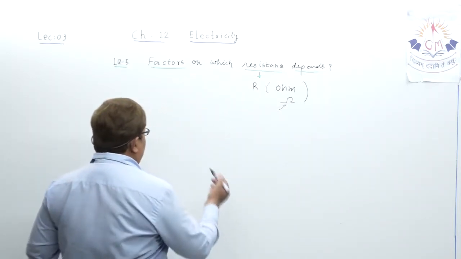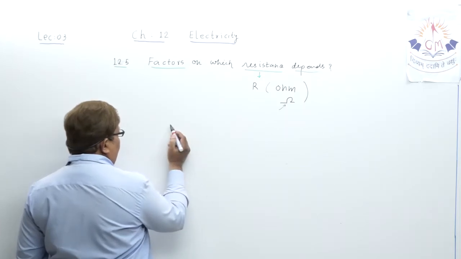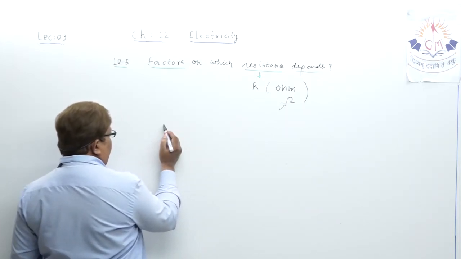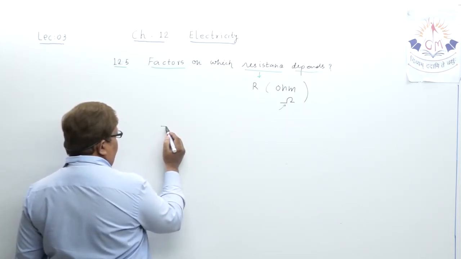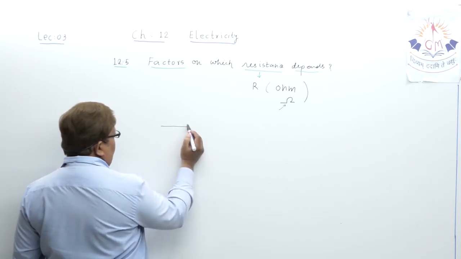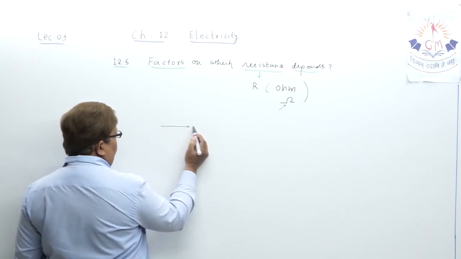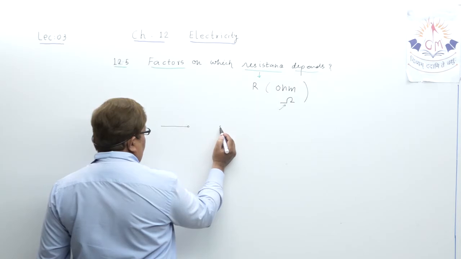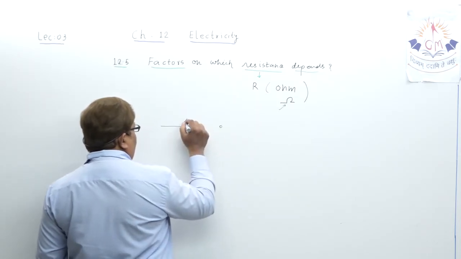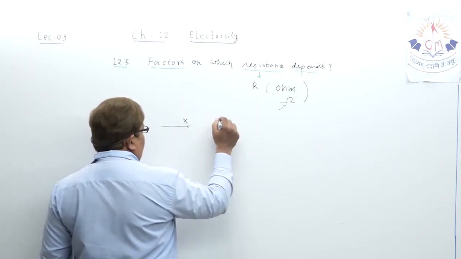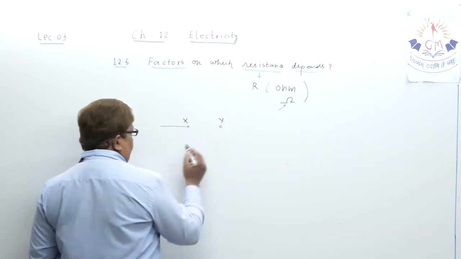Suppose, my dear student, I draw one circuit here. They have given it in the textbook, but you can draw it anyway. This is a gap. I am moving as per the textbook. XY is the gap.